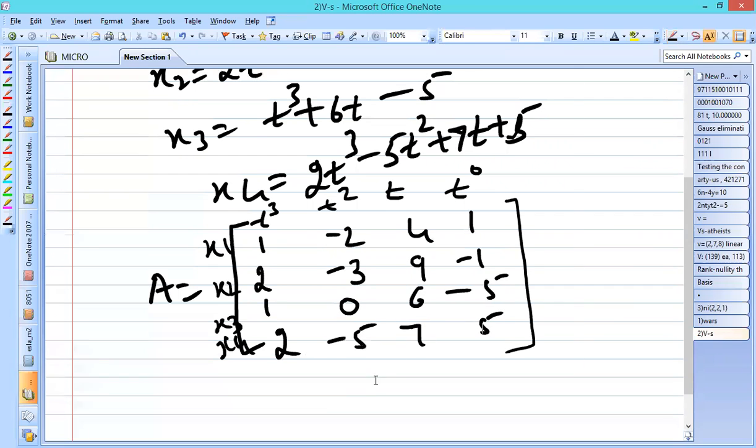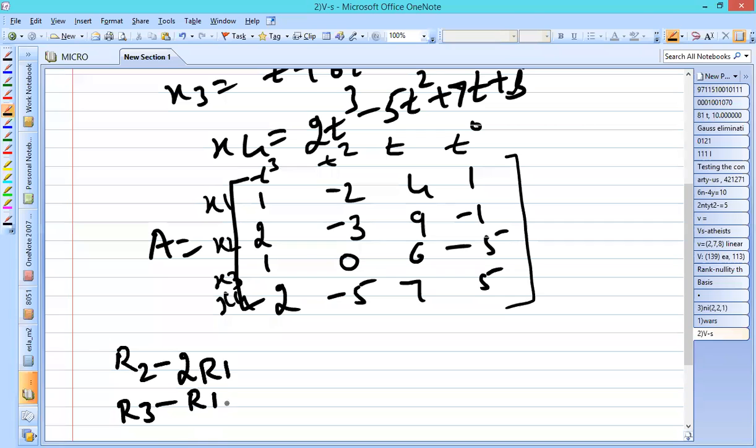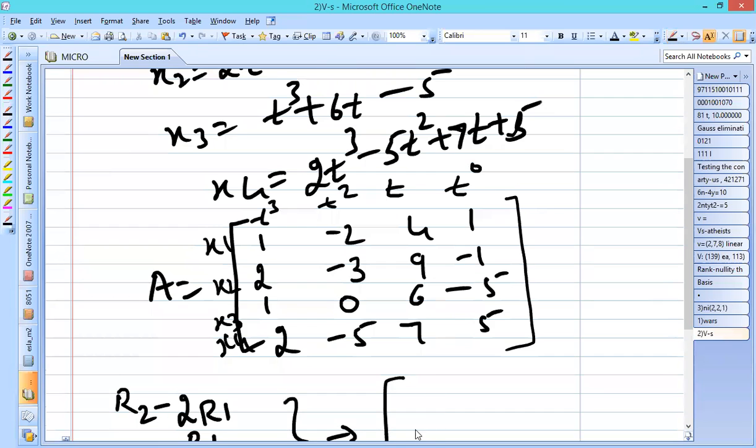After writing this, you have to apply the row echelon method. I'll give the operations: R2 minus 2R1, R3 minus R1, and R4 minus 2R1. After performing these operations, tell me what reduced matrix we get.